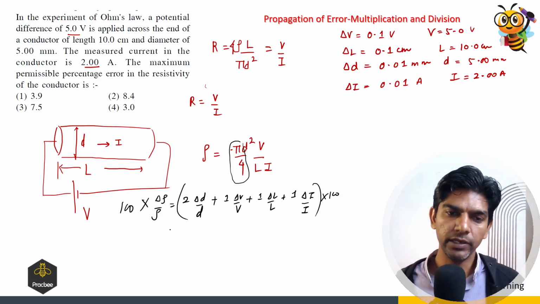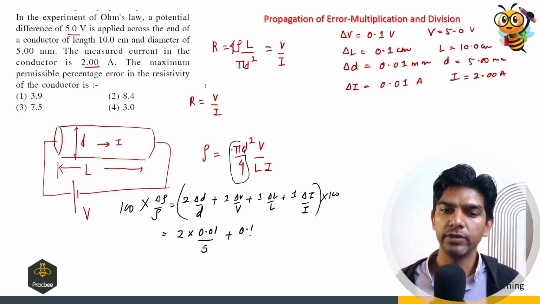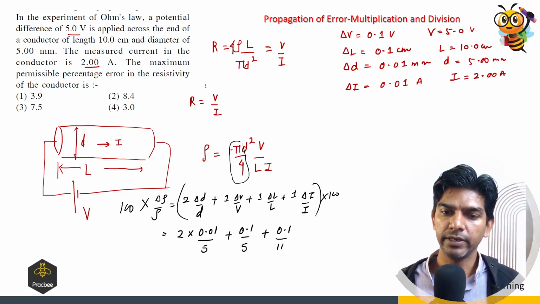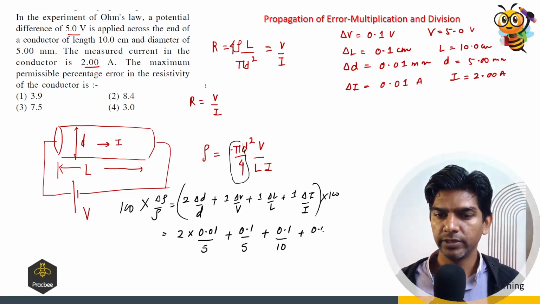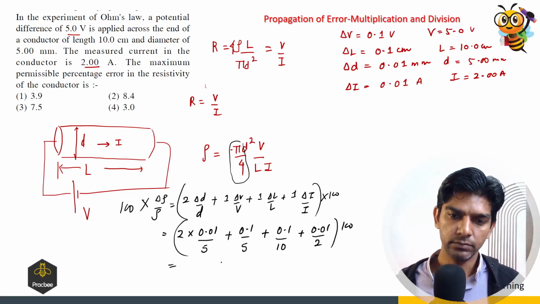Now let us substitute the values. So 2 times delta D. Delta D is 0.01 millimeter divided by 5, plus delta V is 0.1 divided by 5, delta L is 0.1 divided by 10, and delta I is 0.01 divided by 2. Multiply this with 100.